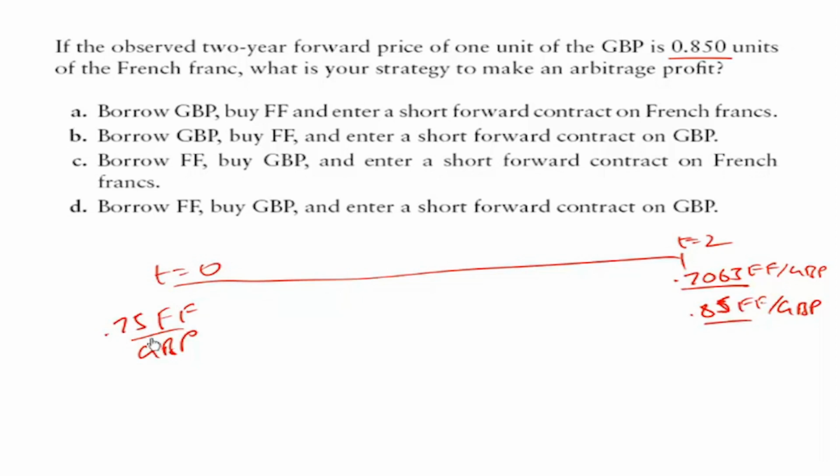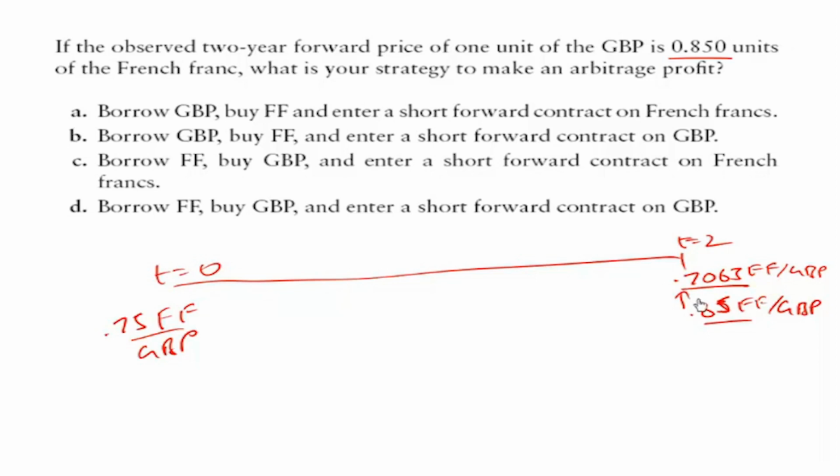So either the spot is undervalued or the forward is overvalued. One of the two has to be there, because based on the current relationship, the forward comes out to be 0.7063. So what is going to happen as this arbitrage opportunity extinguishes, as the price of potatoes in New York would go up and the price of potatoes in New Jersey would come down, either the spot will start moving up or this forward will come down, such that the arbitrage doesn't exist.